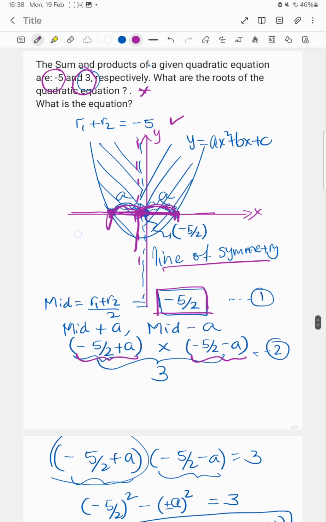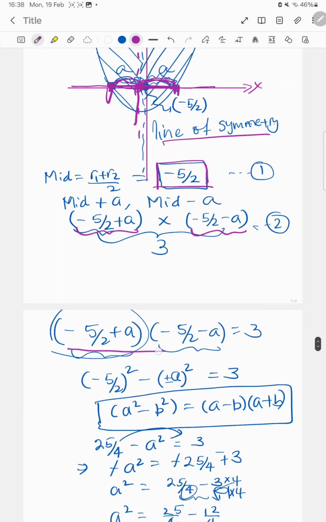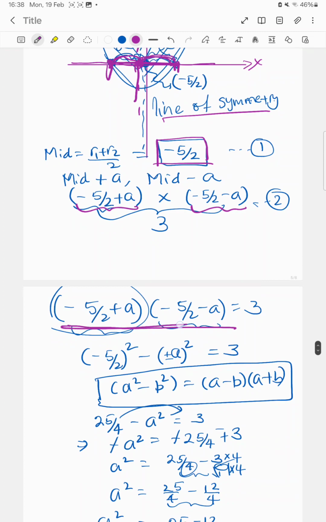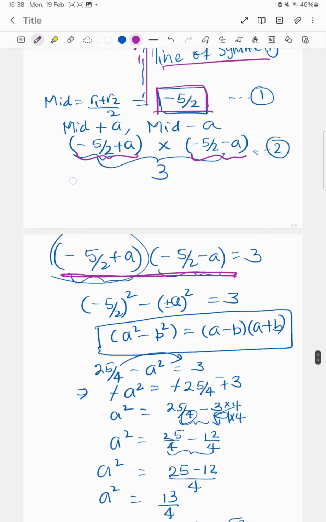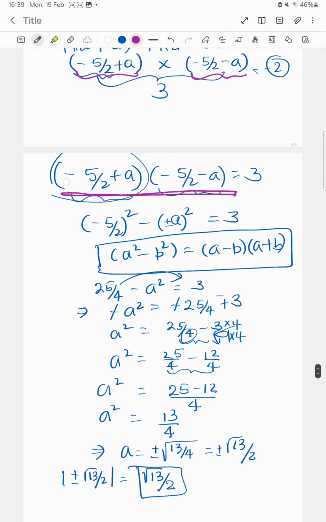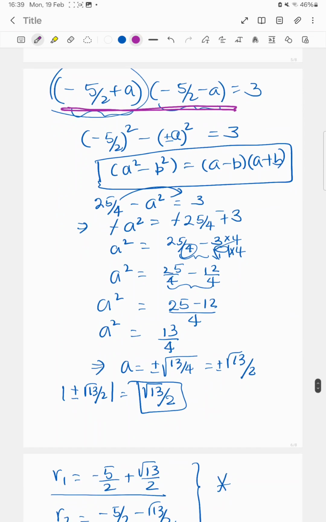If that is a fact, then we go back here. The product of these two roots is 3, which is also given in the question, right? So if the product of these two roots is 3, by difference of two squares, we come to the fact that the distance between the roots, which is actually the distance from the center point to either of the two roots, the value of a, is root 13 divided by 2.